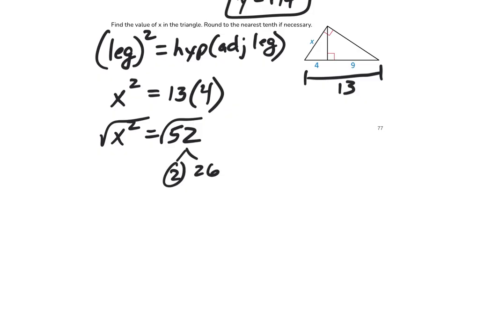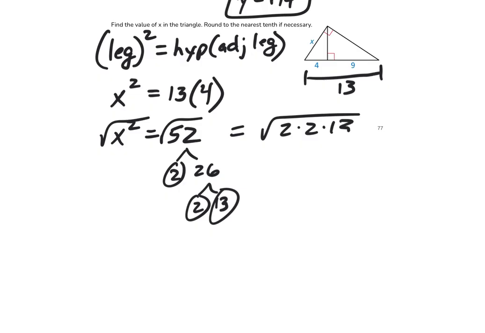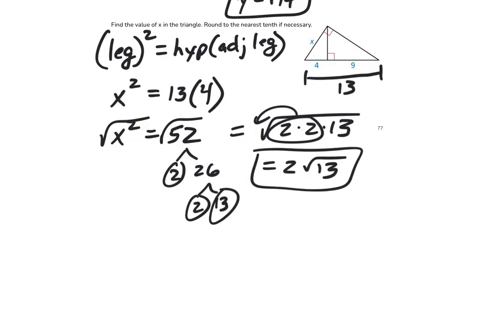That's all you got to do. 26 is even, so I divide it by 2 again. Can I break 13 down anymore? No, 13 is a prime number, right? So this would be 2 times 2 times 13. We got a pair of 2's. Radical 13.